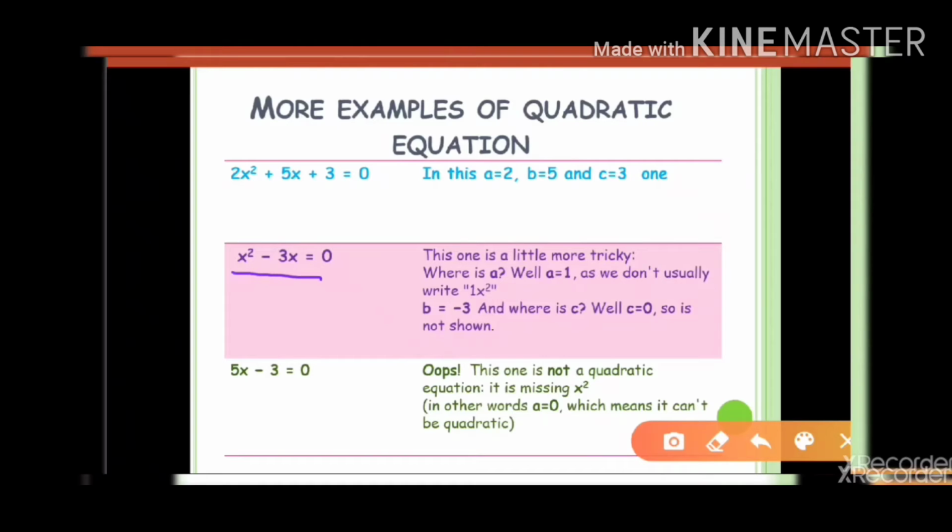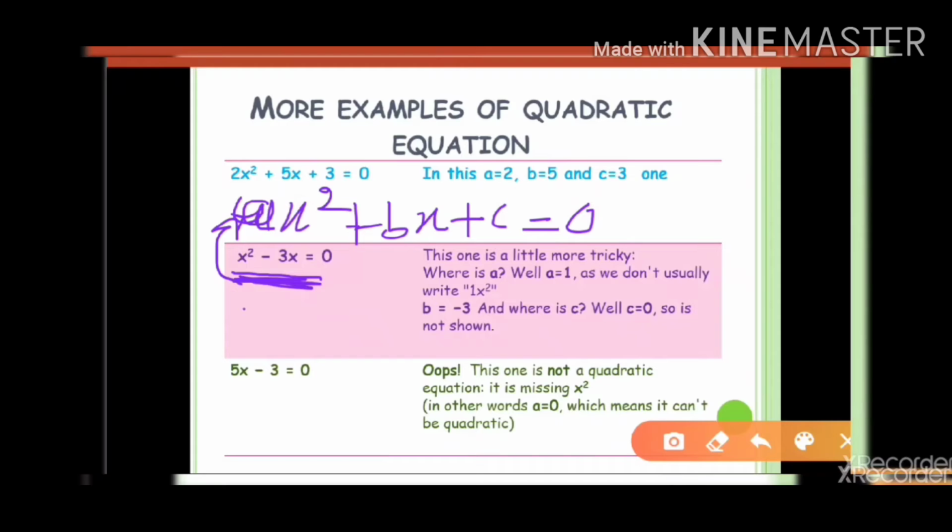Now we take another example. x squared minus 3x equal to 0. When we compare this equation with ax squared plus bx plus c equal to 0, we get a equal to 1.